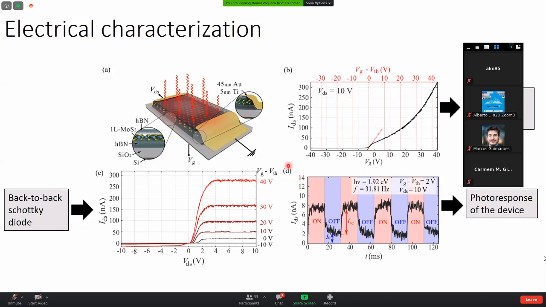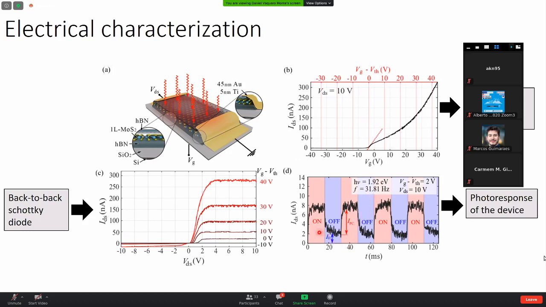When we have done the electrical measurements, we pass to characterize the photoresponse of the device. And here we observe the response of the device as a function of time, in resonance with the exciton A, at a frequency of 31.81 Hz.